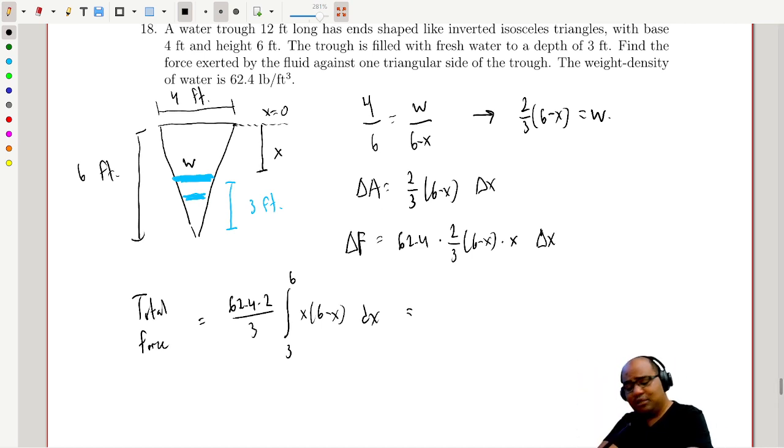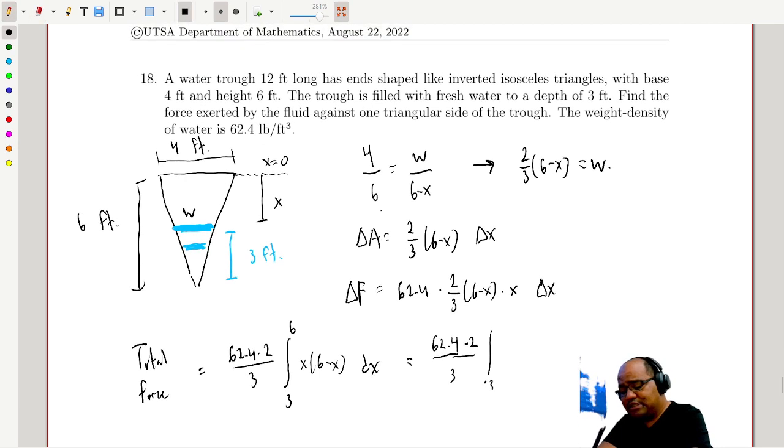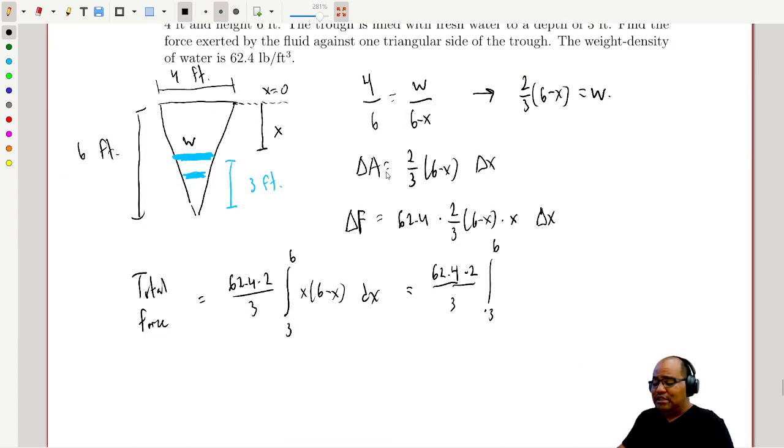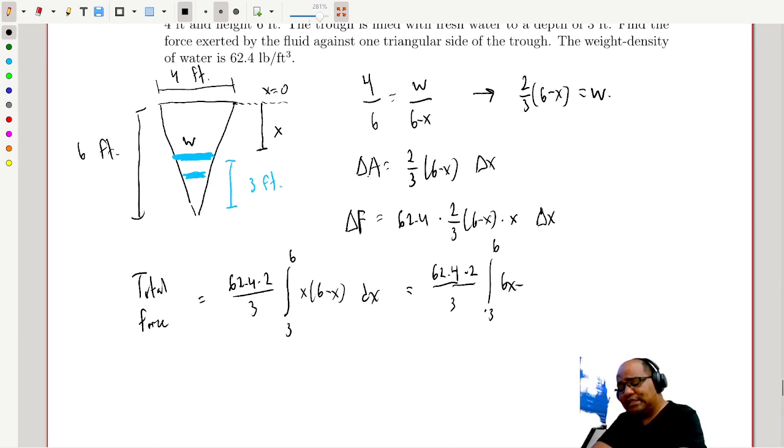Just like normal, we go through the work. We expand the integrand so we have a combination of polynomials, because then we can just use the power rule. I'll show that multiplication step here because it's not too hard. So this is the integral from 3 to 6 of, multiplying through, 6x minus x squared dx.